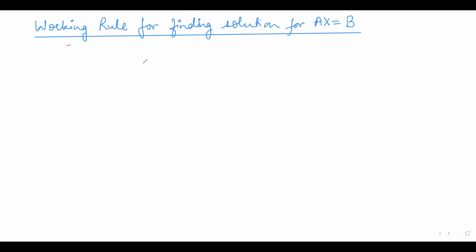So the working rule, let me write it down.